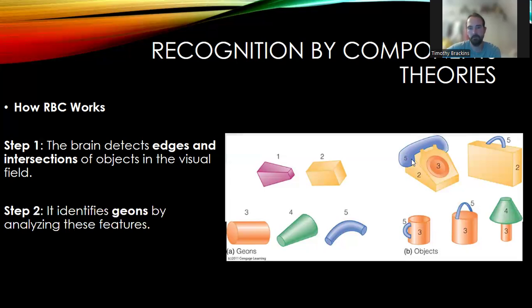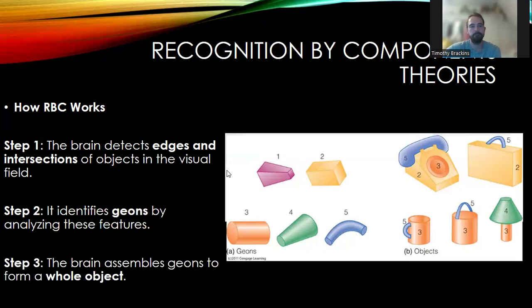And then once we identify the intersections and the edges of the objects, we then identify the geons. So we would identify the edges of the briefcase, where it connects to the other part, and then we identify the geons that are making up this briefcase. And then, as you can imagine, step 3, we assemble the geons to form a whole object.